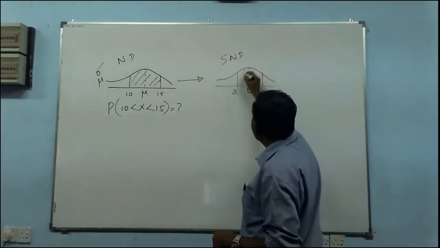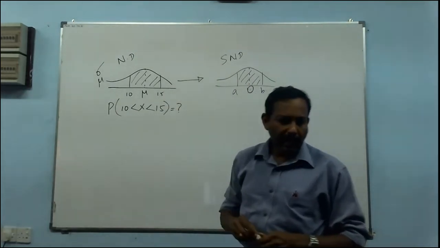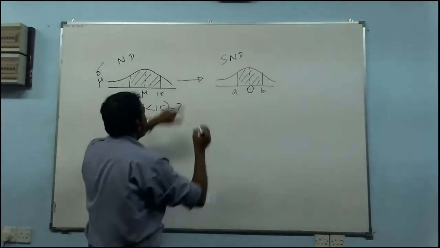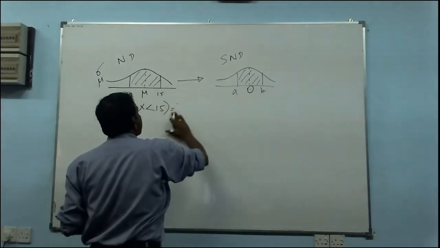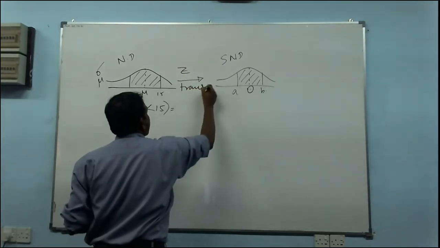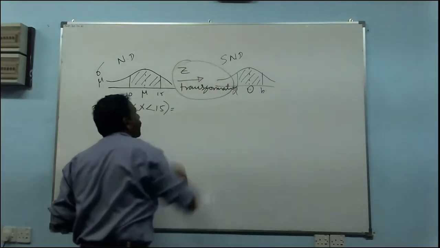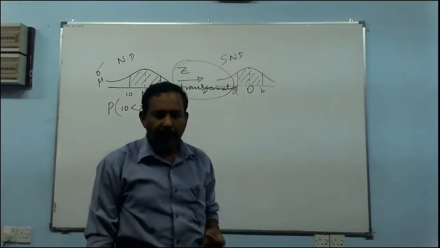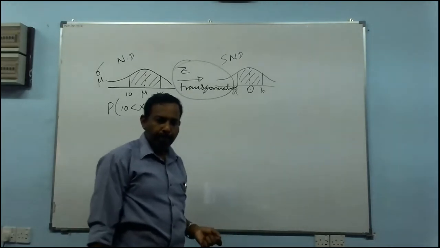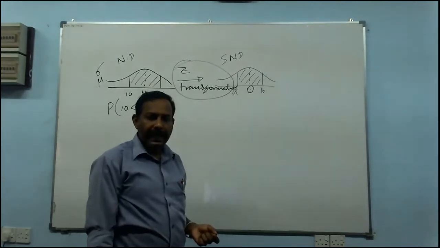If you find the area between these two, this will reflect the probability of the question. That is called Z transformation.